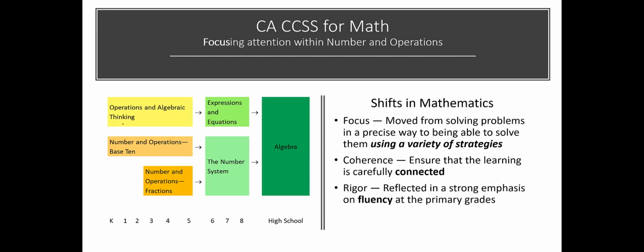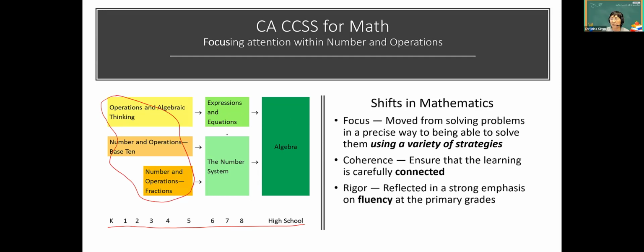But basically, if you see, instead of going here to high school, it's stacked together. So the basic thing is the most important thing is this one. And then you can see they go a little bit deeper and deeper, but the focus is on a variety of strategies. Previously, calculating was more important. Okay, 1 + 1 = 2, right?